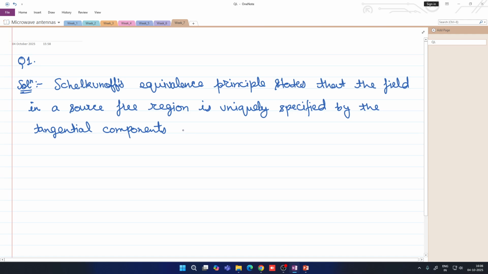Tangential components of the electric and magnetic fields over the boundary.